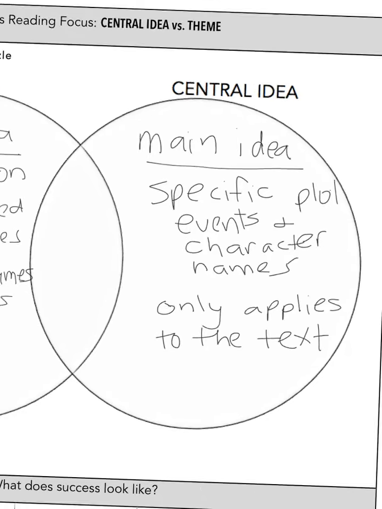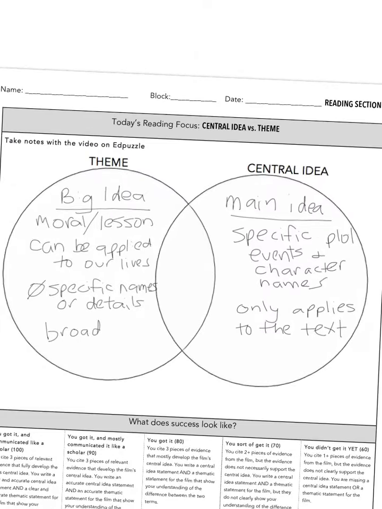That's how these two ideas are different, but what they share in common is that they are what the text is about. Make sure that you have these notes recorded in your handout.